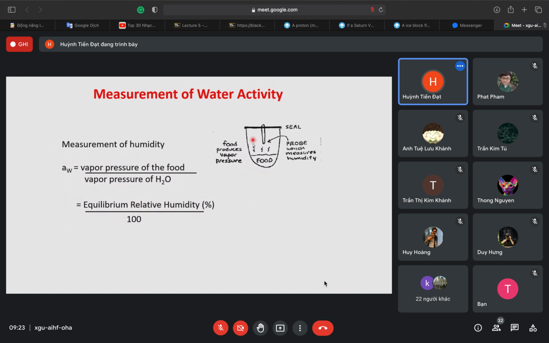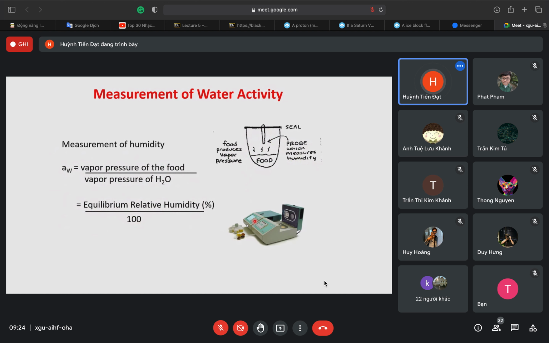The pressure in this area differs from one kind of food to another. Then we can apply the probe and measure the humidity, inserting it here. By that way, we measure the vapor pressure of the food, divide by 100, and that's the water activity value.